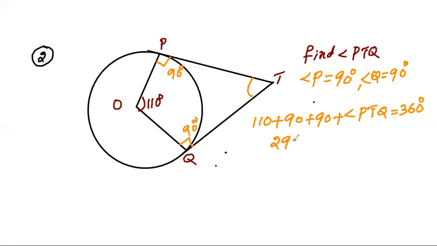So I'm getting 290 plus angle PTQ is equal to 360 degree. From there I can write angle PTQ is equal to 70 degrees. This question also you can expect for 1 mark.